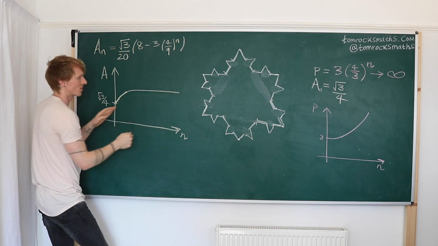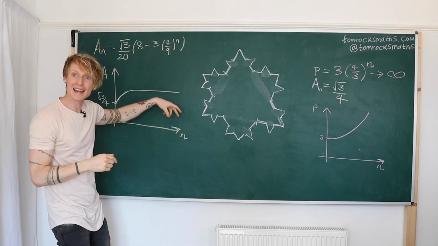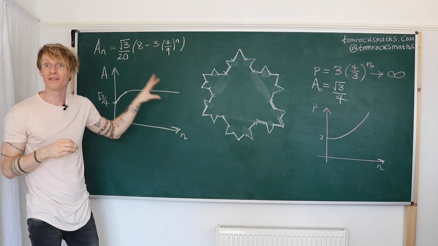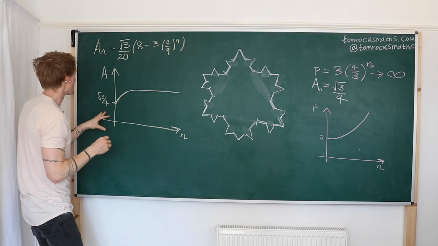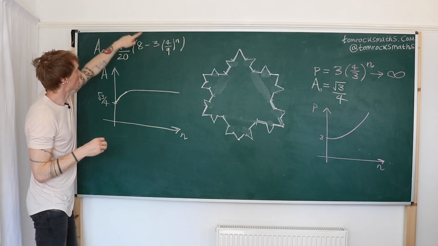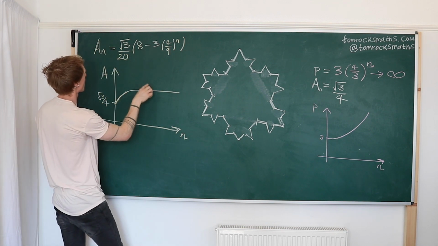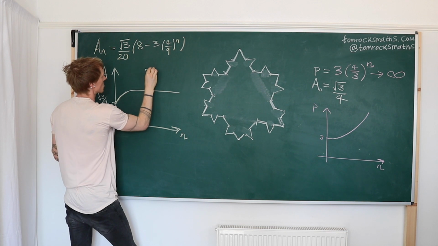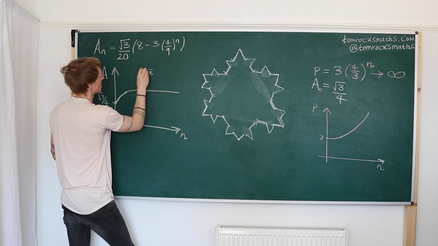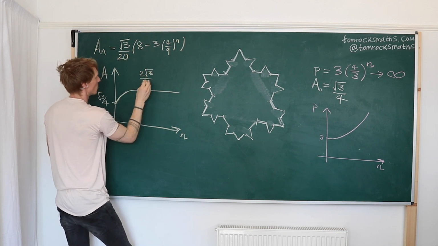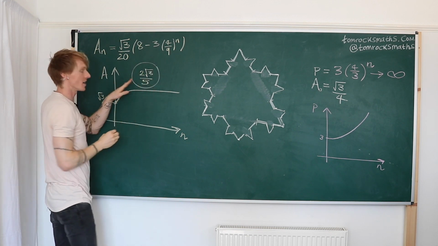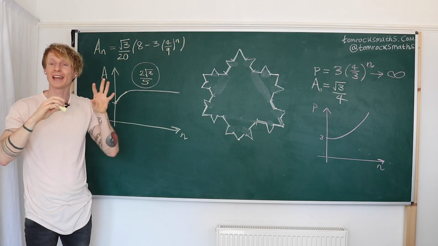And as n tends to infinity, it will tend towards a constant value. And that value will be given by this first coefficient here. So the final answer, in fact, will be the square root of 3 times 2/5 as our final area as n tends to infinity.